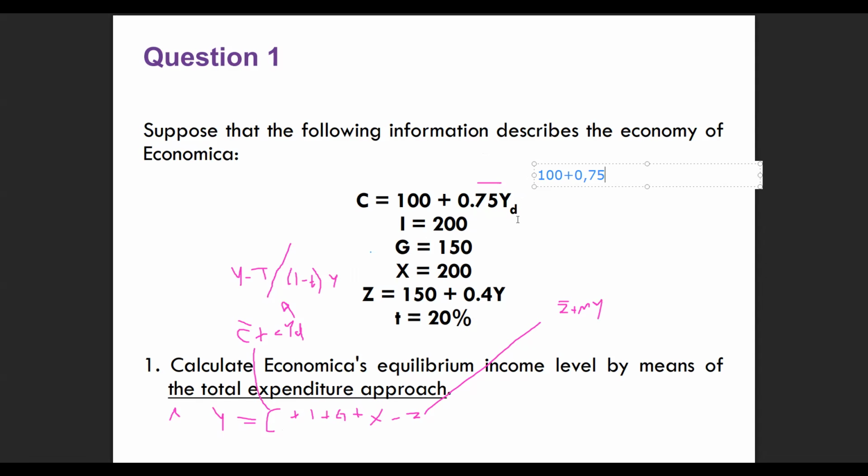To do that, we say 1 minus t, and our t is 20. So 20 divided by 100 gives you 0.2. It's going to be 0.2 times Y, right? And then you're going to add I, which is 200, plus G, which is 150, government expenditure, plus, let me just do this.